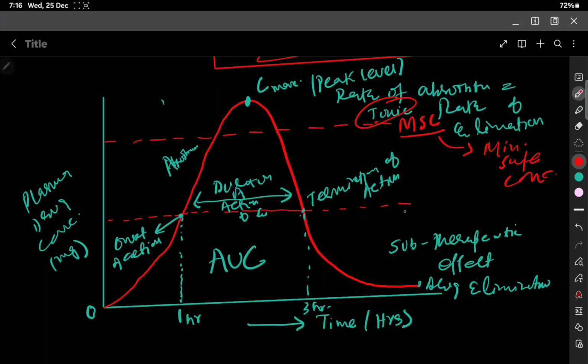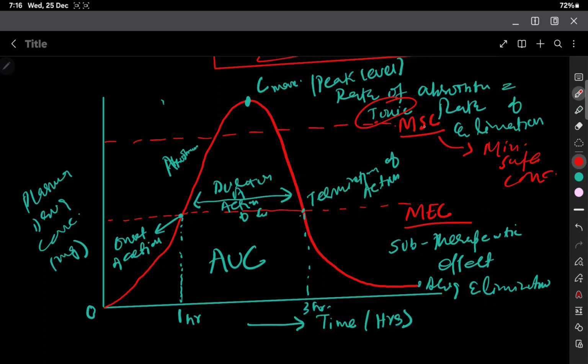Okay, and this point is called MEC, meaning minimum effective concentration. So the drug will start showing its effect from this point. So this is called the minimum effective concentration. So minimum safe concentration means up to this point the drug in the body is safe.